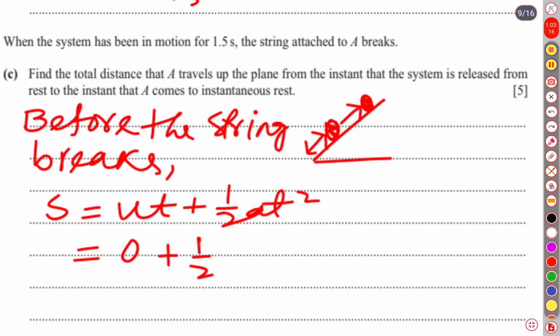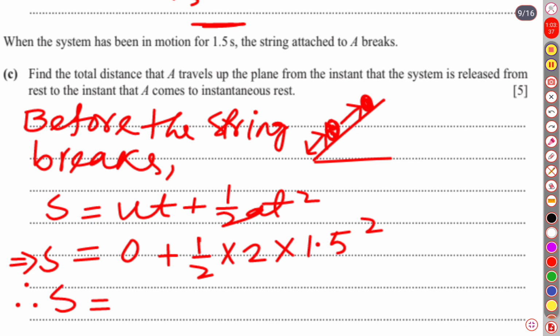Acceleration was 2 meter per second square, given in the question, and it was working for 1.5 seconds, so 1.5 squared. Hence s is equal to half into 2 into 2.25, so 2.25 meter is the distance before the string breaks.